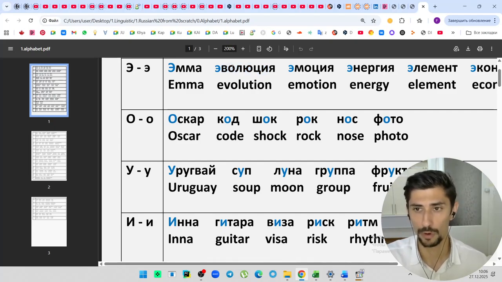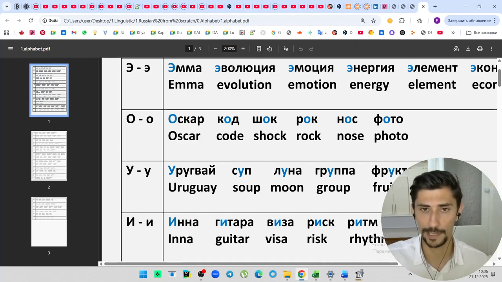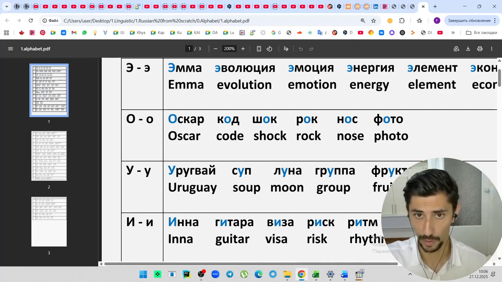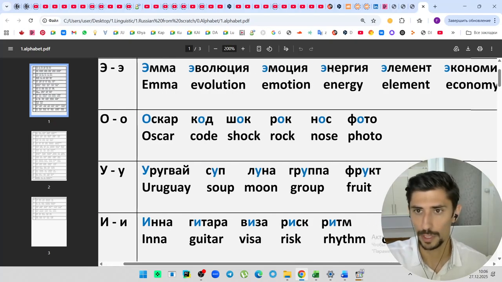I think you can guess how to say revolution: революция. Or for example, information would be informa, and then ция, информация. Next example, emoция, like this one. Next word is energia. Ener, and then we have this letter pronounced like G. Energia.